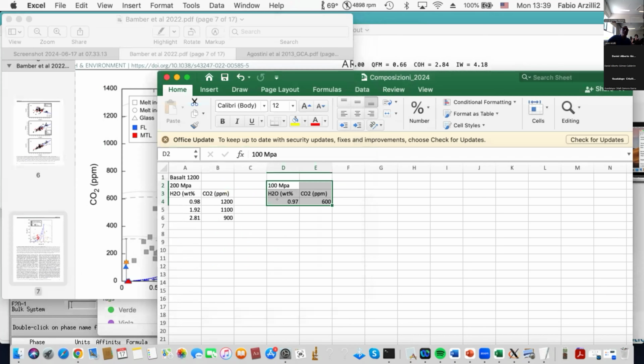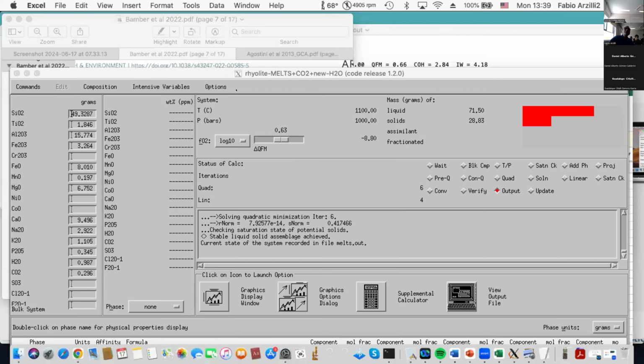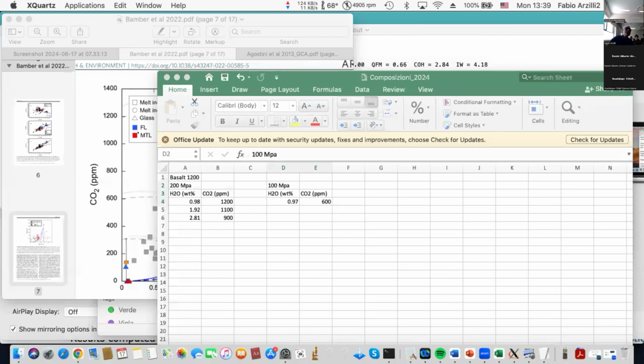So therefore, we repeat at 2 weight% of water, and then 3 weight% of water, and then we plot the curves.